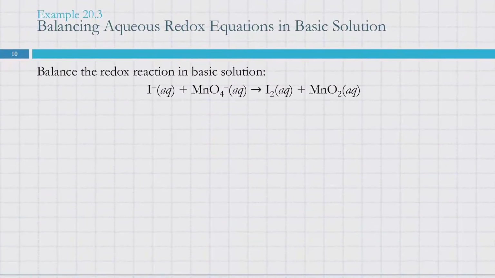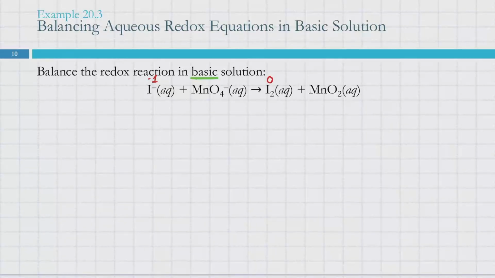So here's what that looks like. We're balancing this redox reaction in basic solution. Everything is basically the same, except for that one step that we just looked at on the previous slide. So for our oxidation states, for our I-, we've got -1.